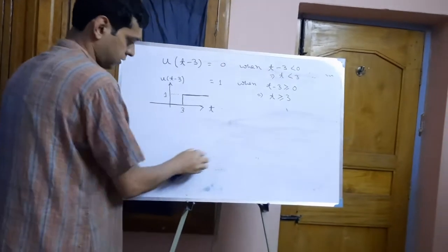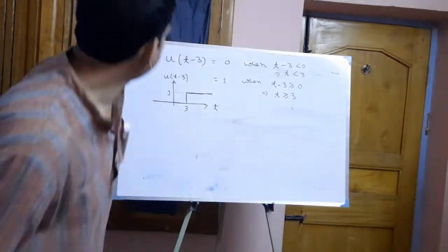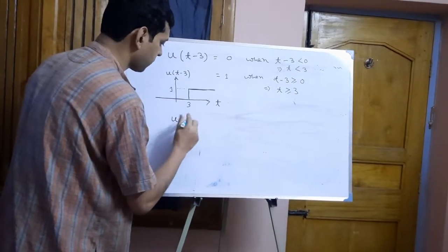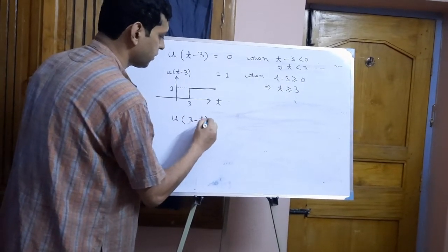Say one function is there, u(3 minus t).